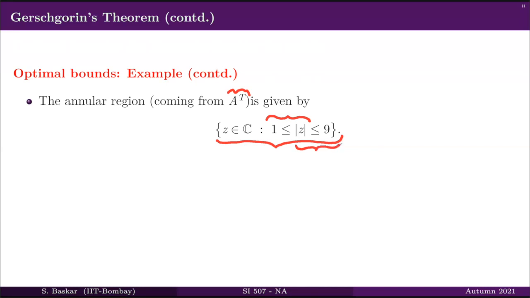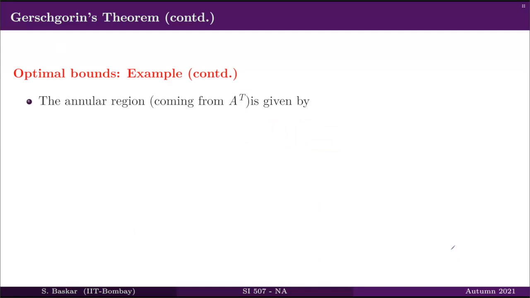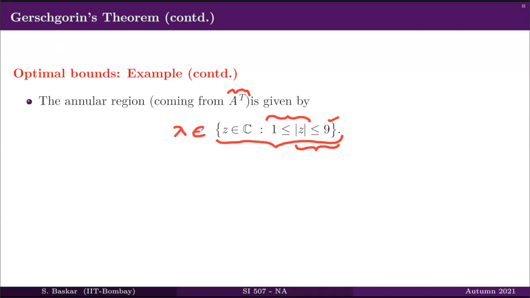Why? Because our previous case says that the upper bound is 8, right? So that's better information than this one. So as far as the A transpose case is concerned, our Gerschgorin theorem says that all the eigenvalues of A transpose, and therefore A, lie between 1 and 9 in their absolute value. That is what we are inferring from here.